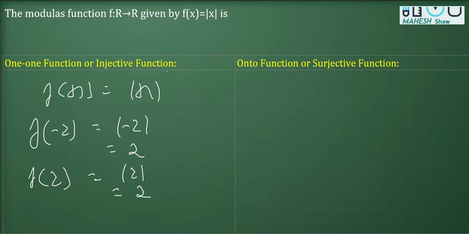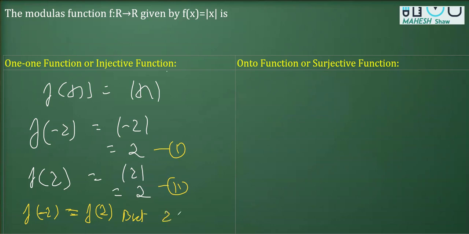So clearly, what do we find here? f(-2) is equal to f(2), as you can see from these two. So f(2) is the same as f(-2), but -2 is not equal to 2. Therefore, this is not a one-one function.